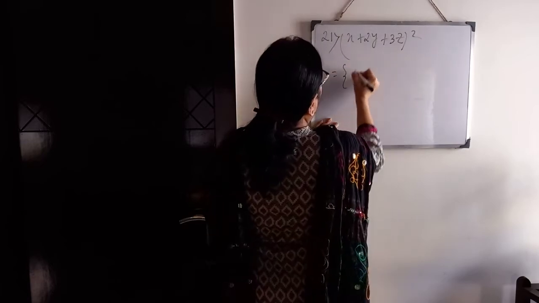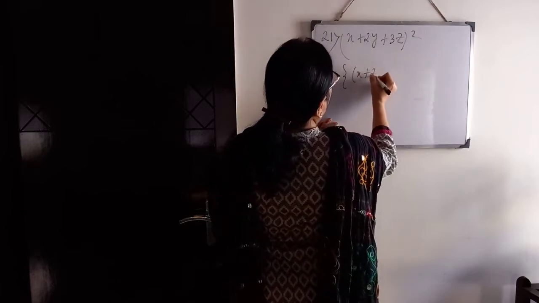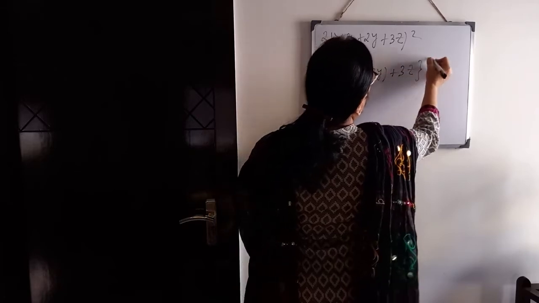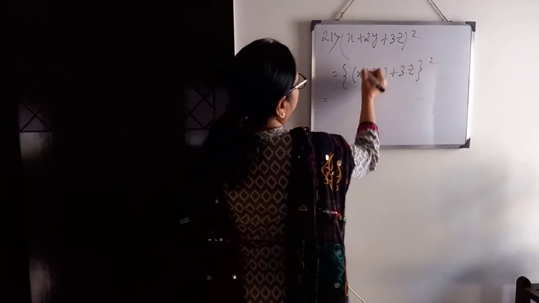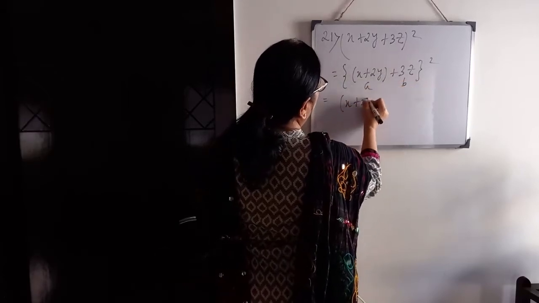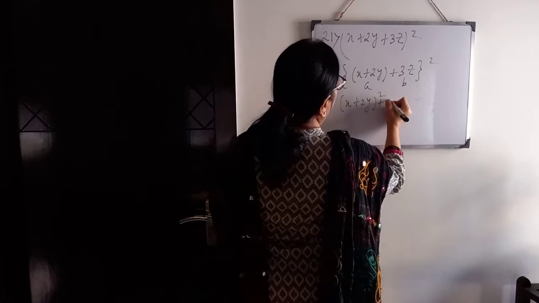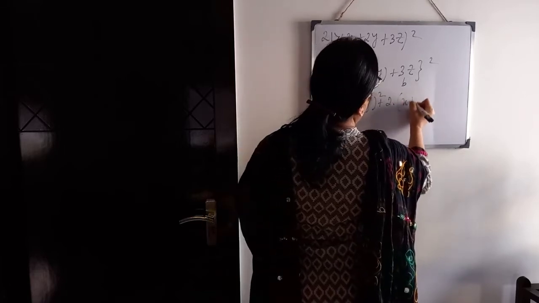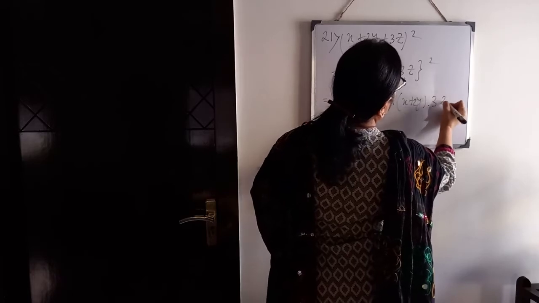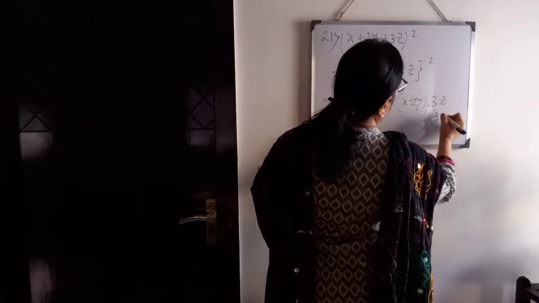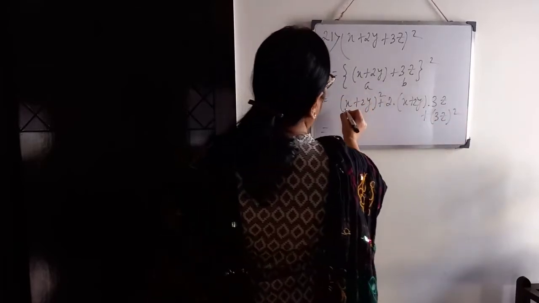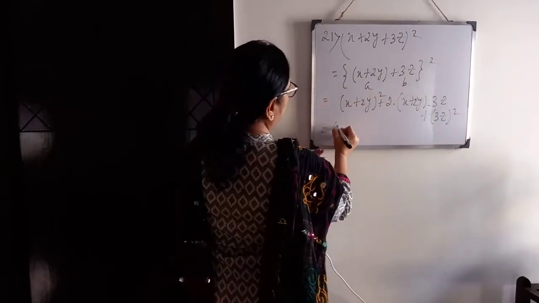That means we will take A as x plus 2y and B as 3z. Now suppose it is A, it is B. A square plus 2A into B plus B square. Again you see it is in the form of A plus B whole square.